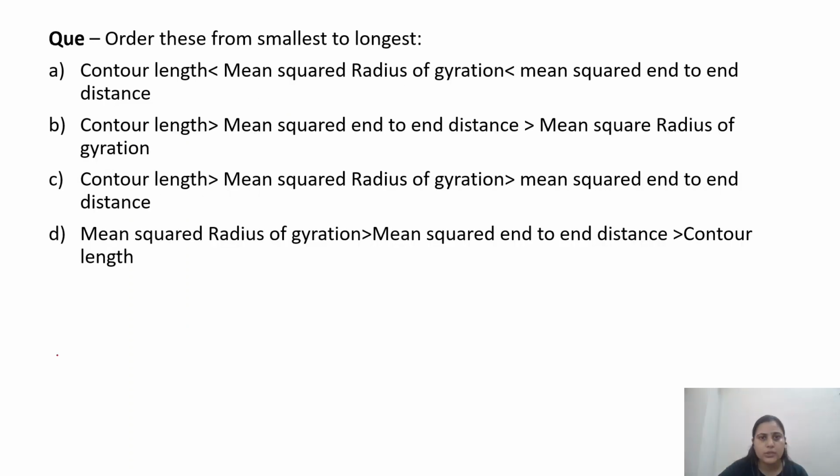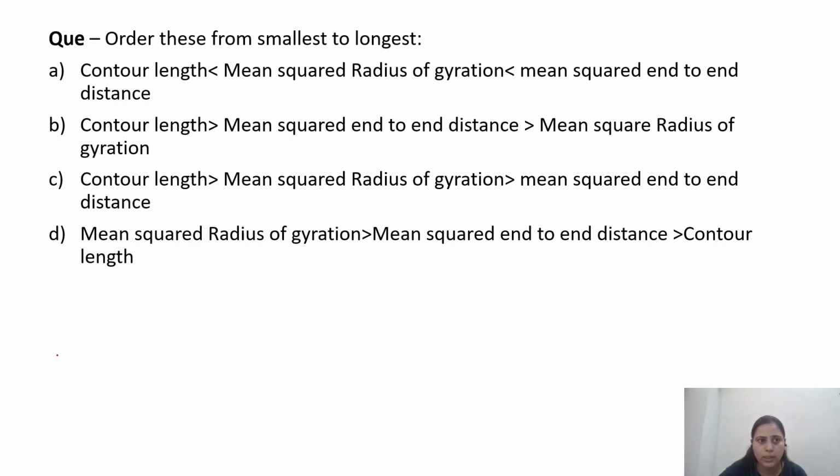Now, in this question, polymeric chain dimensions are given, which are contour length, mean squared radius of gyration, and mean squared end-to-end distance, and it is asked to order these from smallest to longest.